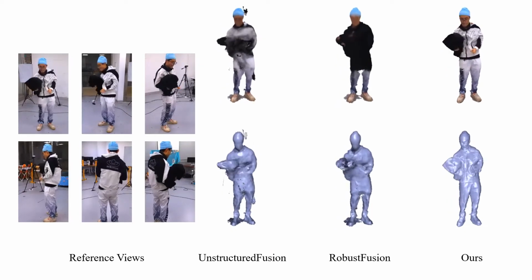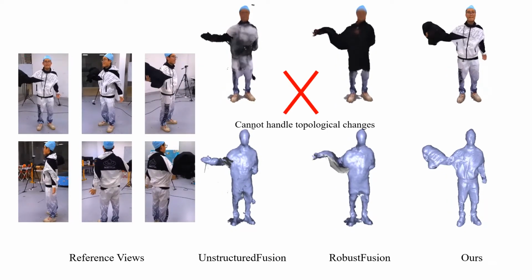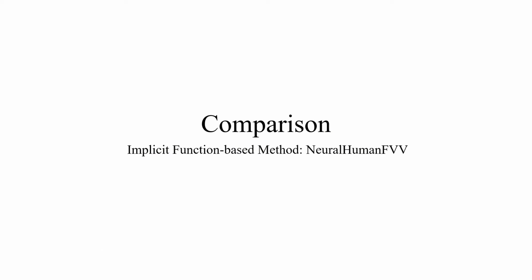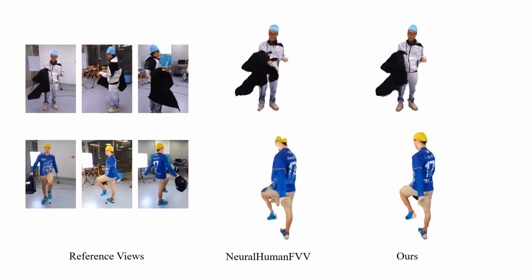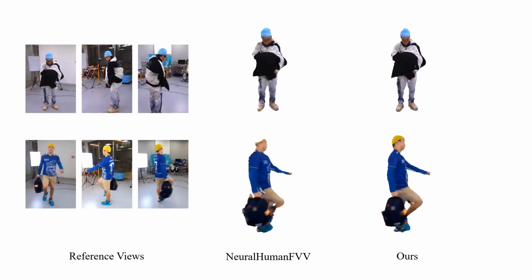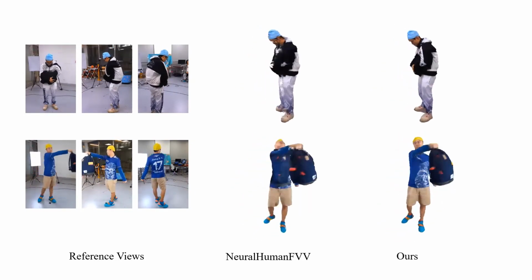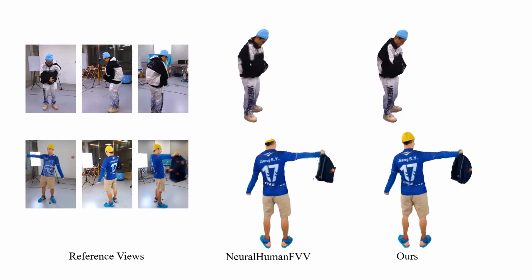Both methods cannot handle topological changes. We compared our method with implicit function-based method, Neural Human FVV. It cannot reconstruct correct geometry facing different object types and interactions, resulting in obvious artifacts in the texture.